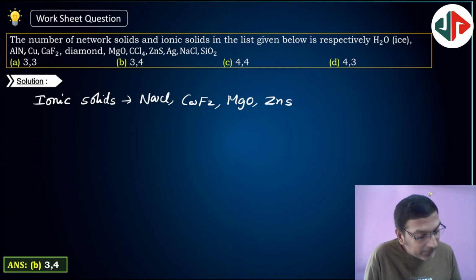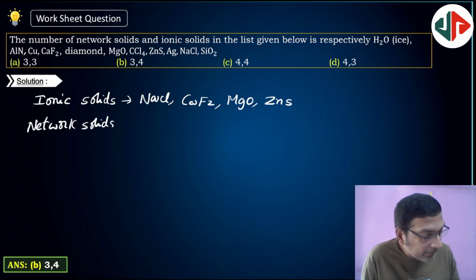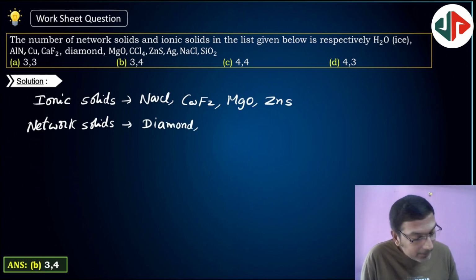That is 1, 2, 3, 4 ionic solids. Next, network solids. Network solids are diamond, next SiO2, silica, AlN.